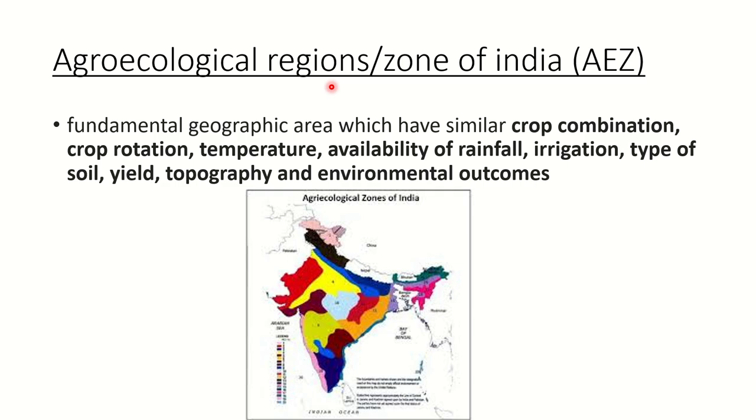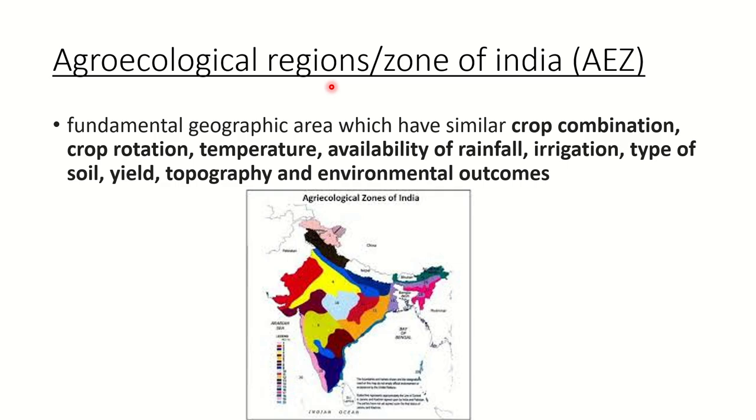So we understood that a farmer within this agroecological region will grow such a crop combination. Further, the sequence of crops means which crop is grown earlier or later within the time. It also means that the farmer grows different crops on the same piece of land over many years.